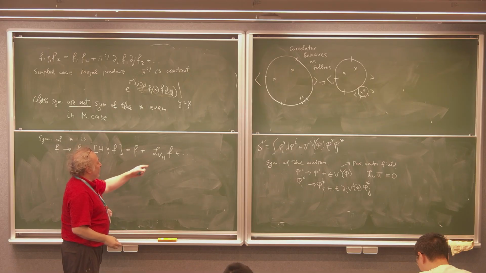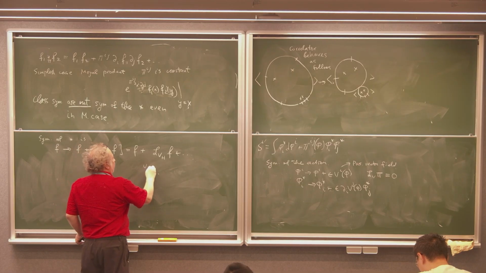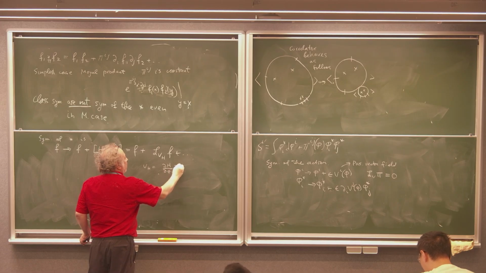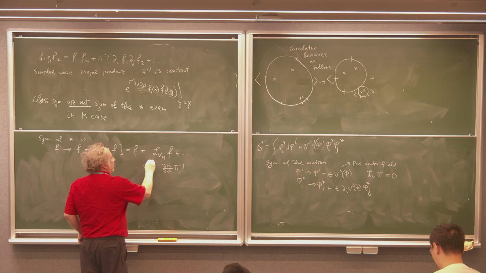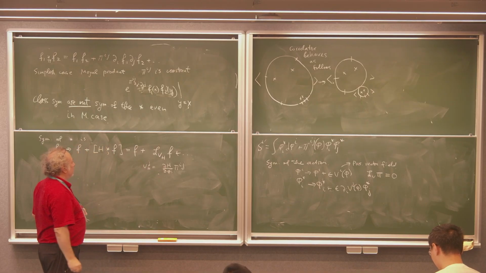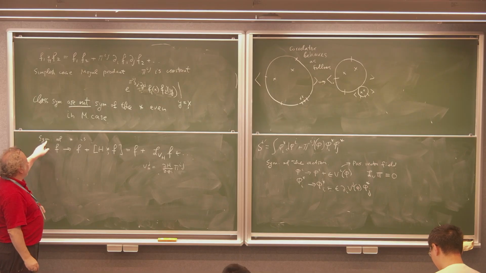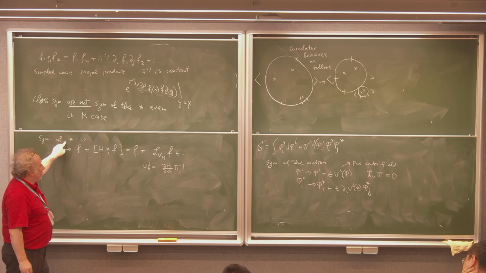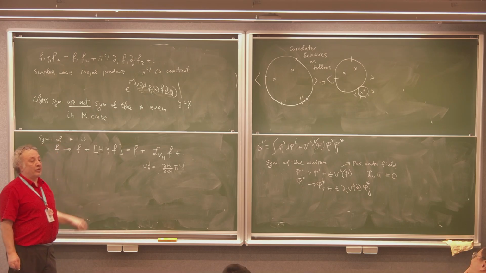So what is V_H? V_H is dH over d phi^i times pi^{ij}. So the actual symmetry of the star product is not the classical symmetry.